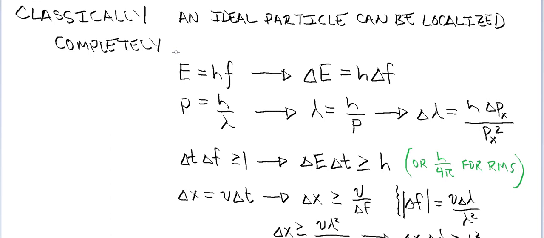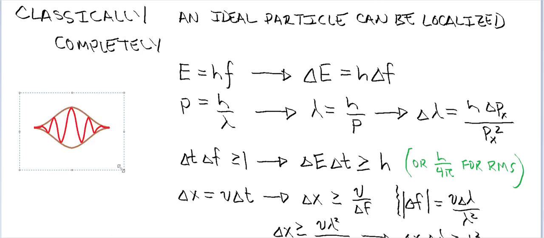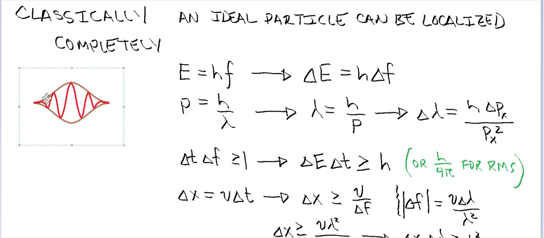But now that we're describing the probability of finding the particle as described by psi squared, in quantum mechanics we're going to treat a particle as a superposition of many, many wave functions that produces a localized packet of wave, right?